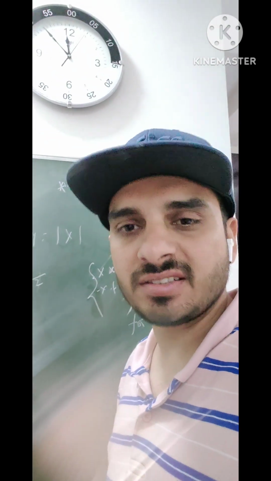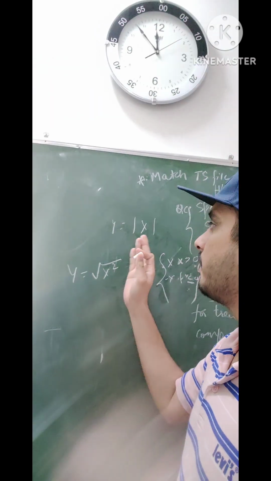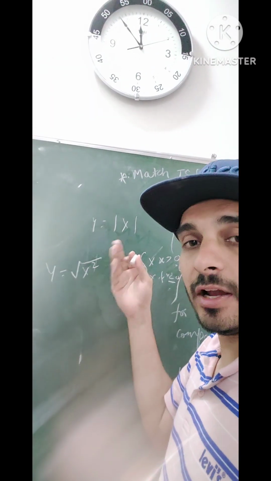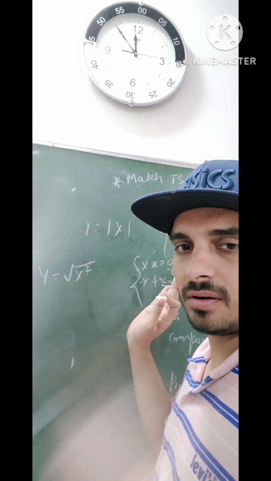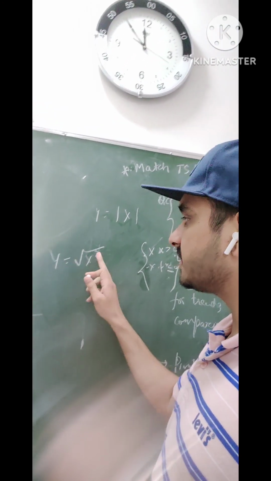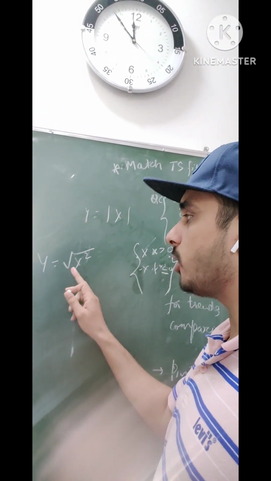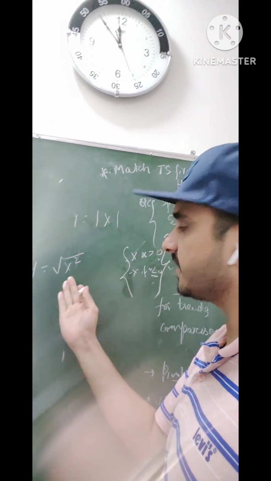It can be +3 or -3. Same case here. y will be positive only. But we don't know the value of x. It can be positive or negative also. But y will always be positive, whatever value you put here. So since it's a square root, it cannot be negative, and we can replace modulus x with this.